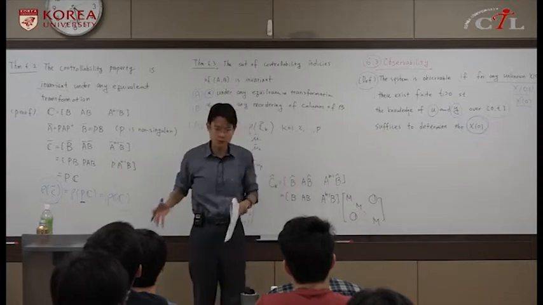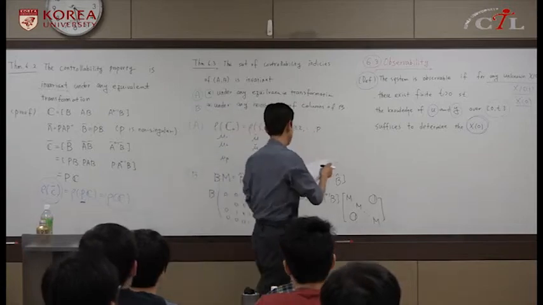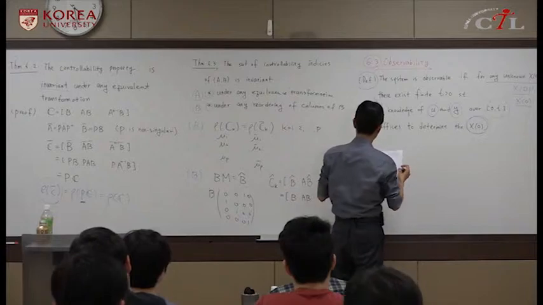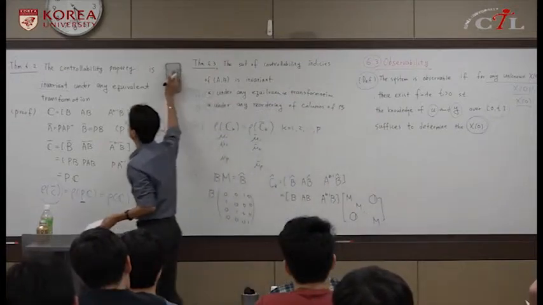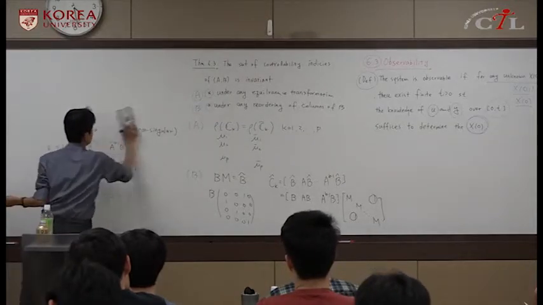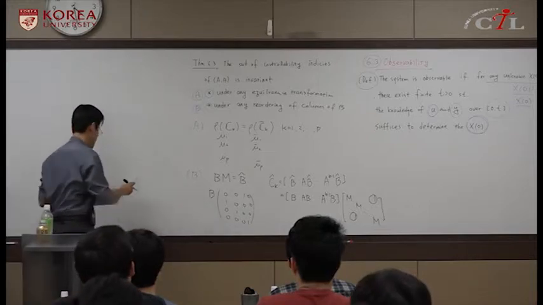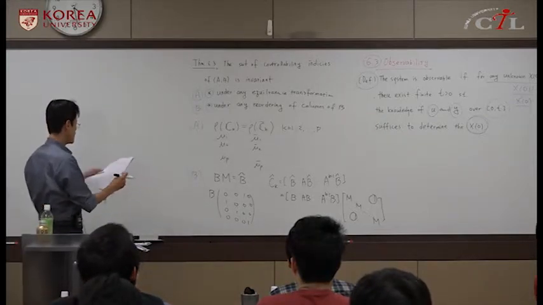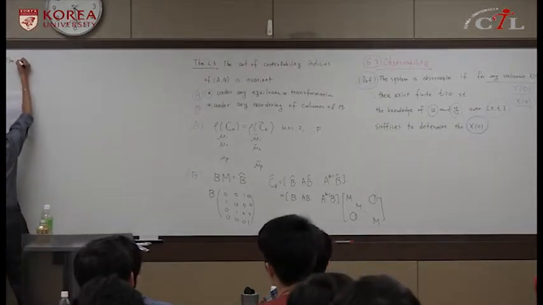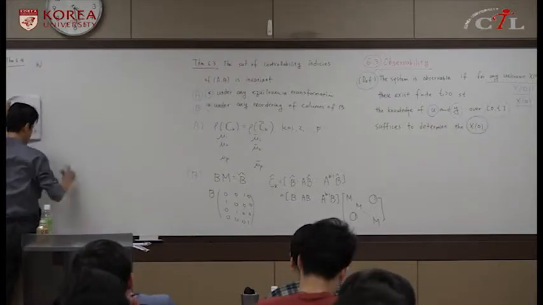So all the properties are valid by doing a simple transformation. Okay, let's define the observability gramian.